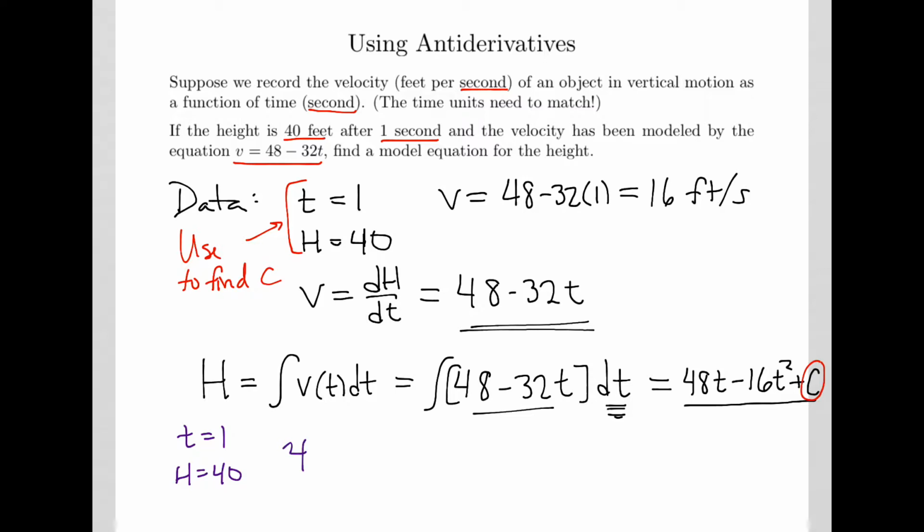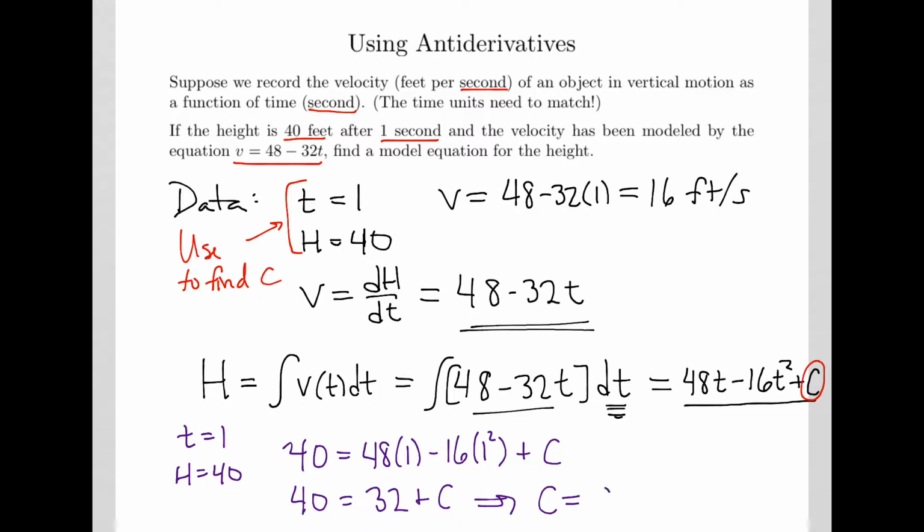And so the height, h, equals 48 times t, which is 1, minus 16 times t squared, which is 1 squared, plus a constant that we don't know. And we're going to solve for c. 48 minus 16 is 32, so 40 equals 32 plus c, and we discover that the constant is 8.